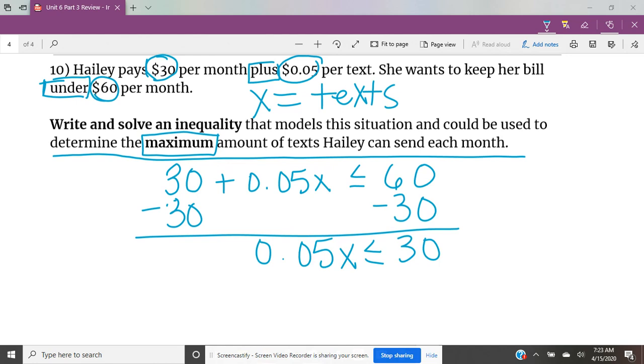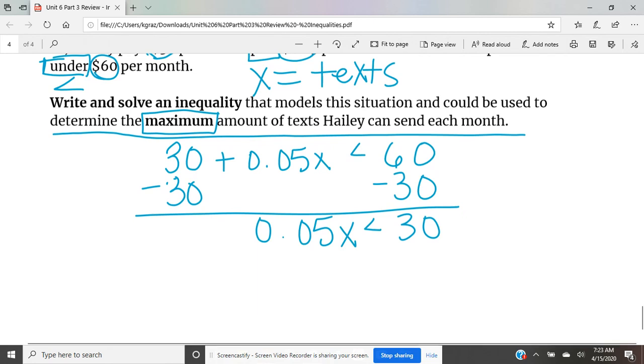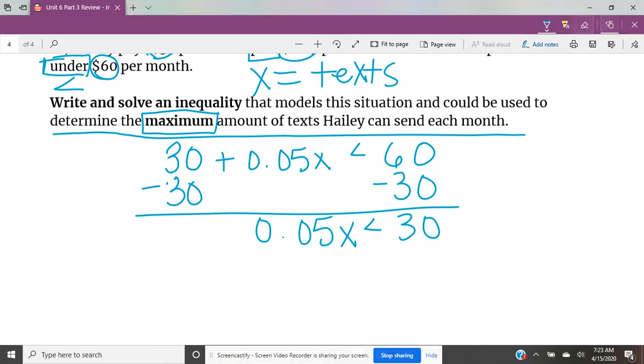Now, I just realized this says under. So again, this says under, so that's going to be less than. I'm sorry, I put an equal sign because it says maximum, but you'll see when we answer the final part, we don't actually want to spend more than $60 or even $60 exactly.